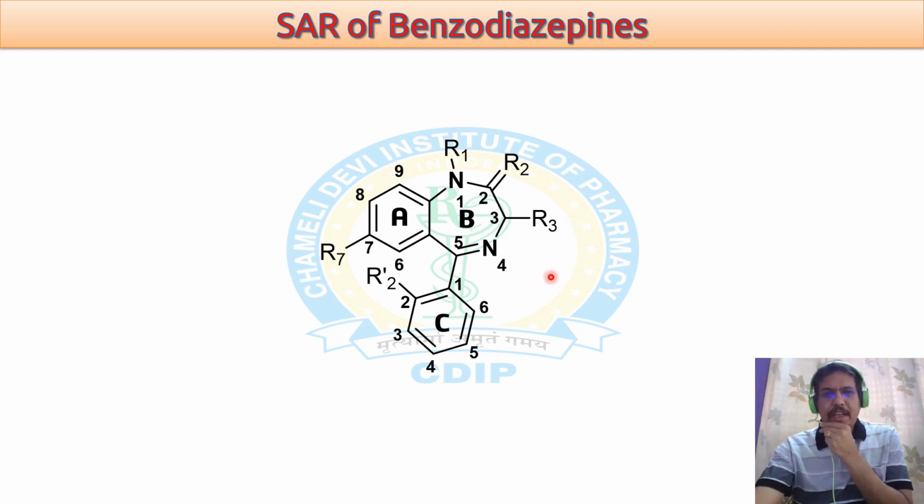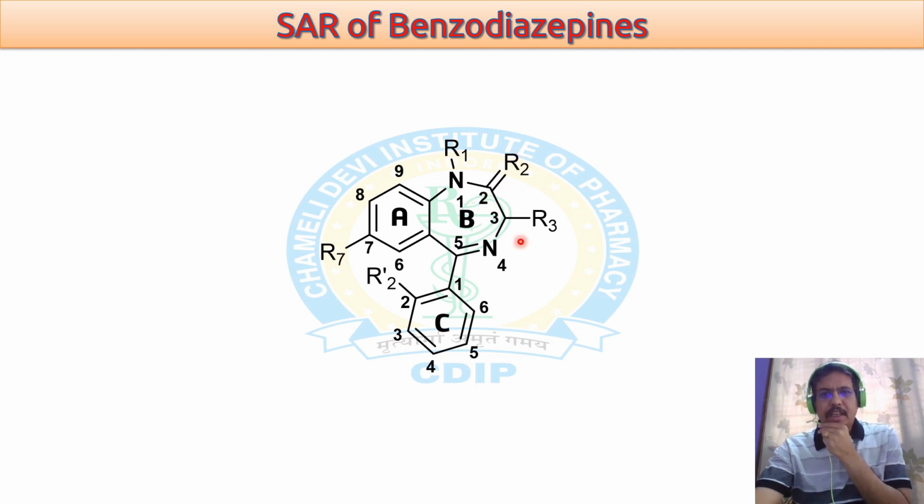So definitely there are different locations where we can go for modifications. The key areas are N1, the nitrogen 1 of the benzodiazepine ring, then carbon 2 where we go for modifications.